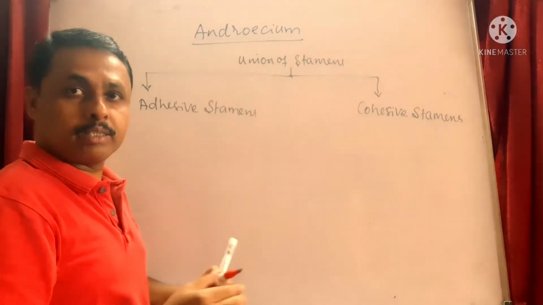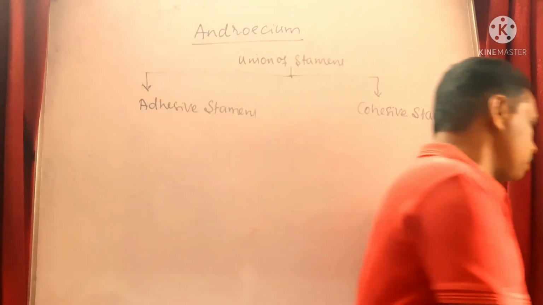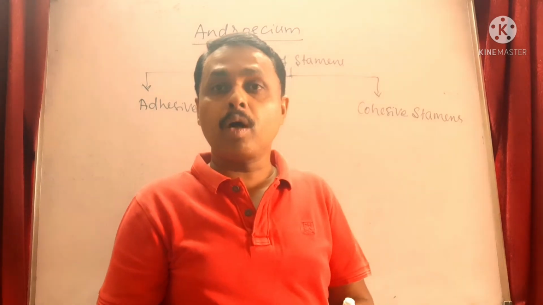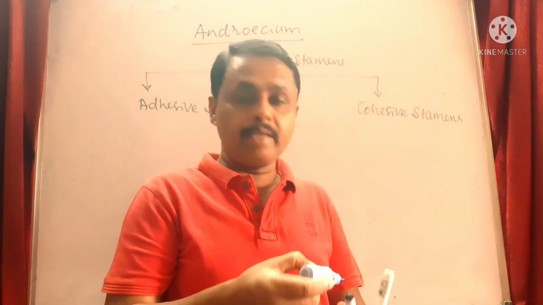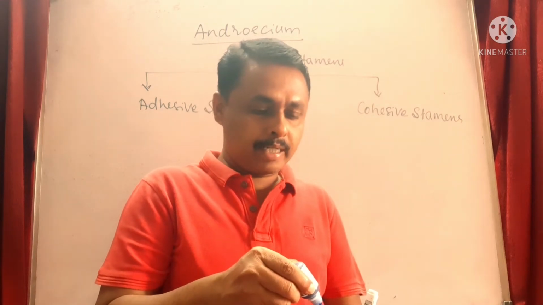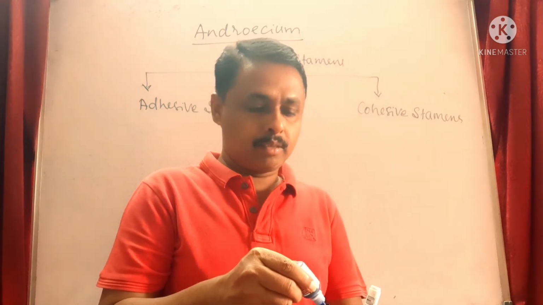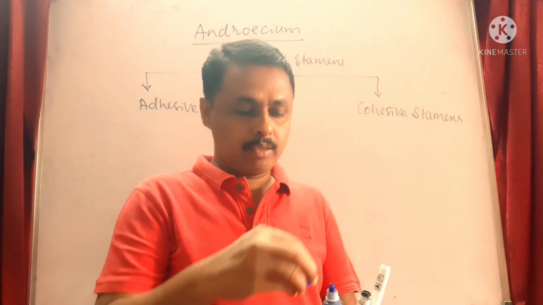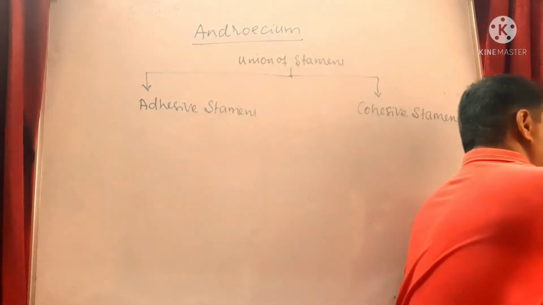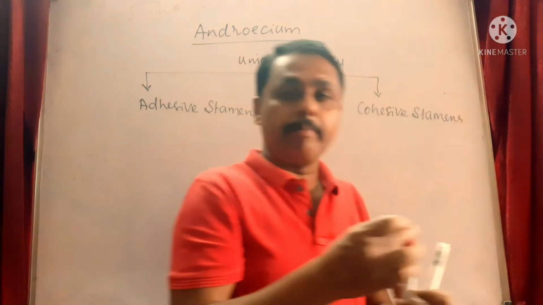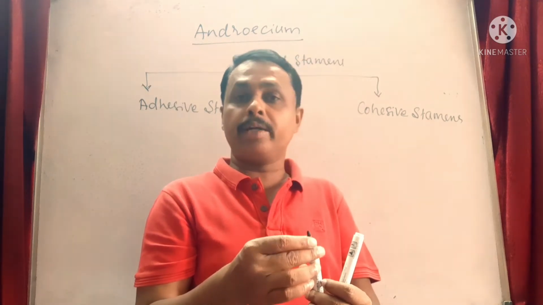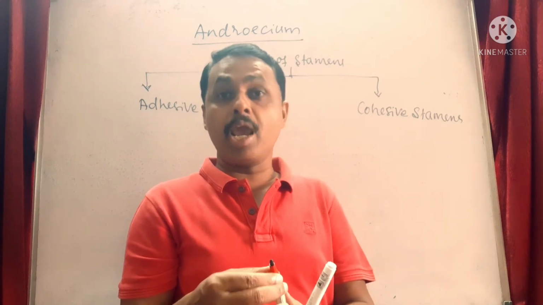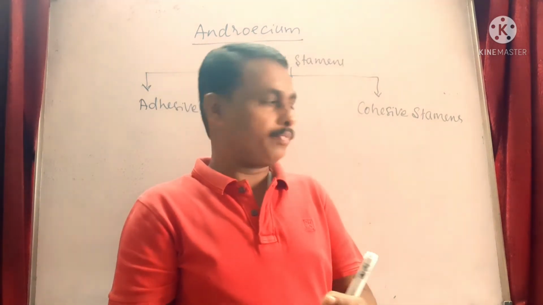Adhesive stamens means these stamens are attached to other floral organs, not the same. Adhesion means attachment to others, union with others. That's why it is called adhesive stamens. Suppose the stamens are attached to themselves, all the stamens united together as a single structure, that will be called cohesion, attachment to the same, right?